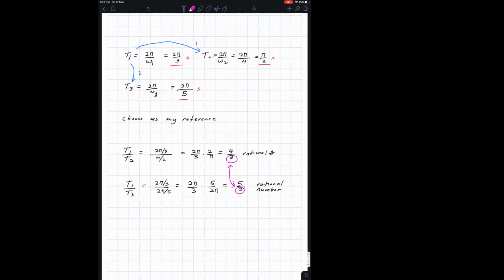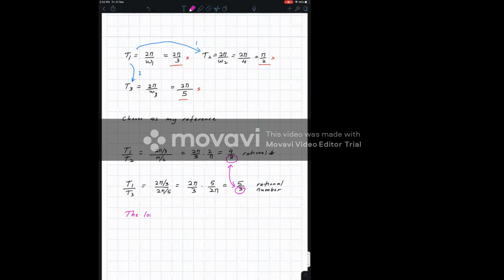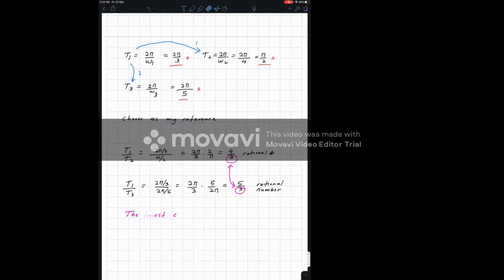So the lowest common multiplier, or in short, LCM, is 3. Okay, this is the procedure, this is how we do it when you have 3 periodic signals.